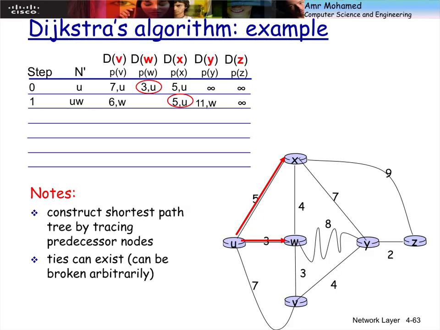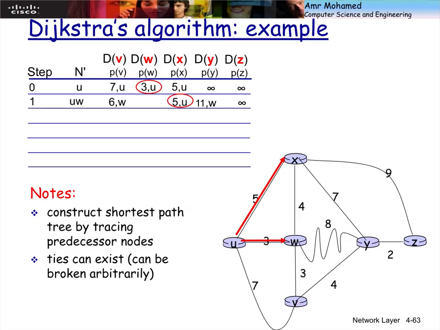So the cost to X is 6. Sorry, this is V. For X is 5. For V it is here.